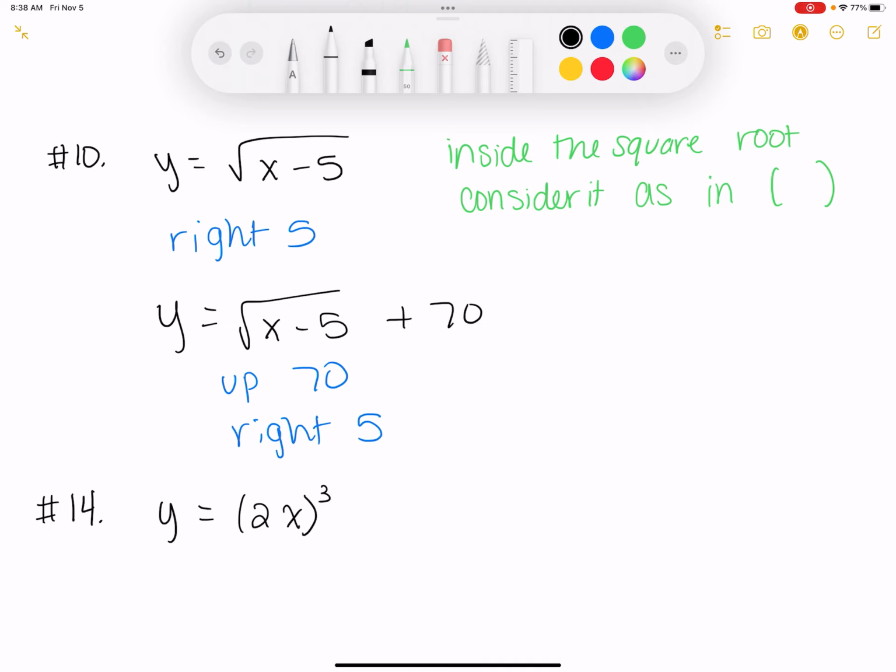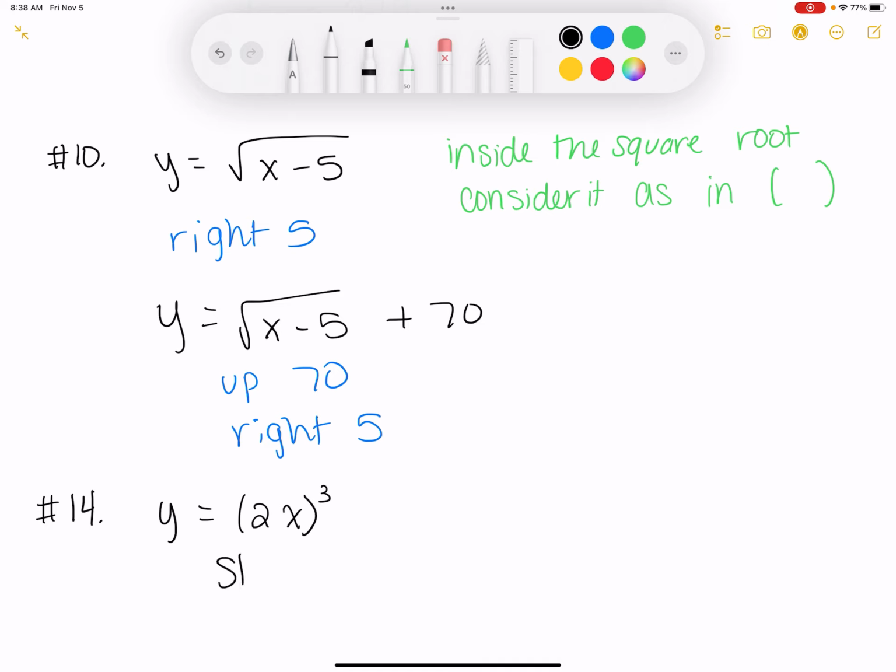It shrinks by 2. That's a good guess. Is it compressed? So it's not reflected, but I don't know. Stretch. Yes.